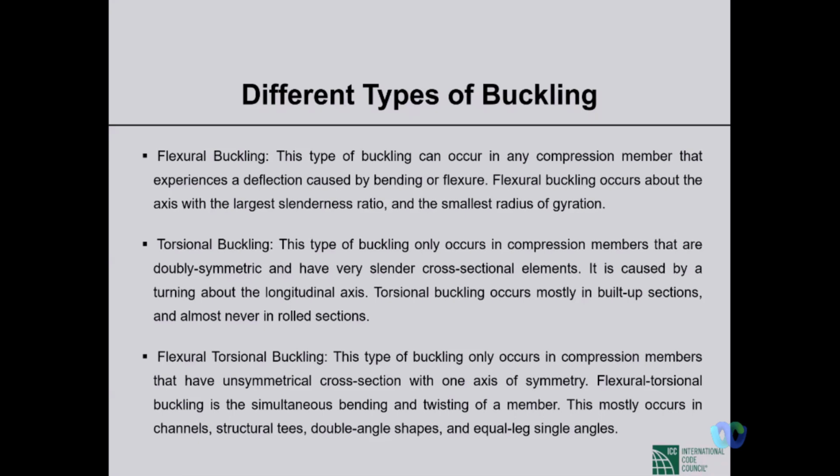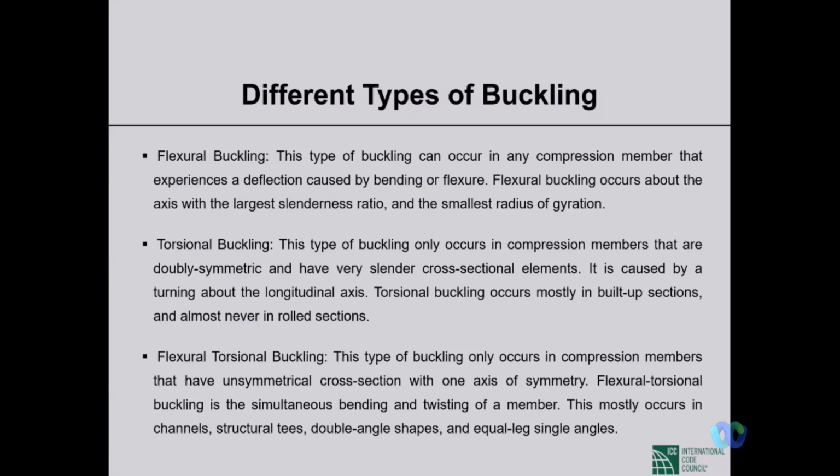But due to torsion, there may be other types of stresses too, depending on the shape of the cross section. There may be warping stresses, which are normal stresses, and that may cause buckling. And there may be flexural torsional buckling, that is, due to the combined application of flexure and torsion, there may be buckling.